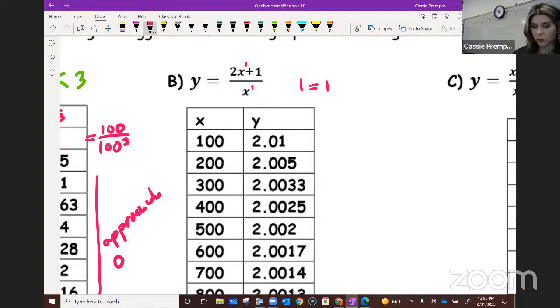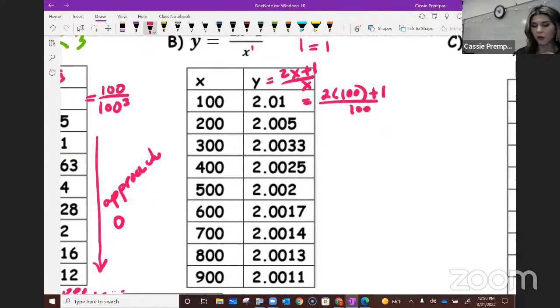If I plugged in 100 into this function, 2x plus 1 over x, I would do 2 times 100 plus 1 divided by 100, and I would find on my calculator that the answer came out to be 2.01. If I plugged in 200, I would get 2.005. If I plugged in 300, I'd get y equals 2.0033.